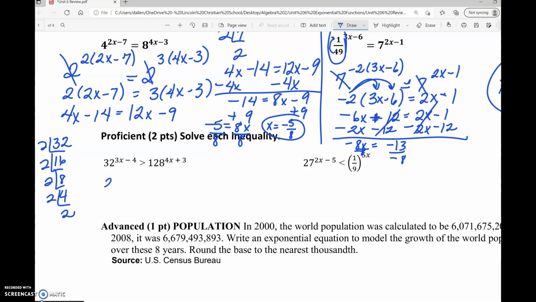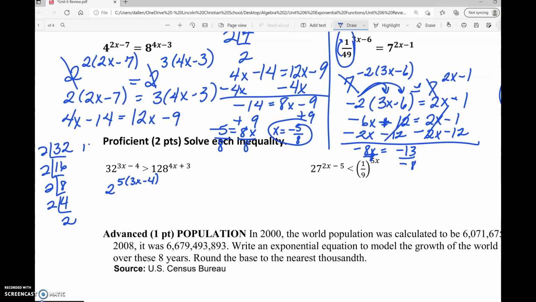So I rewrite that as 2 to the 5th. And then 128 can be written as 2 to the 7th, I believe. So I have 1, 2, 3, 4, 5, 6, 7. So is greater than 2 to the 7th times 4x plus 3.